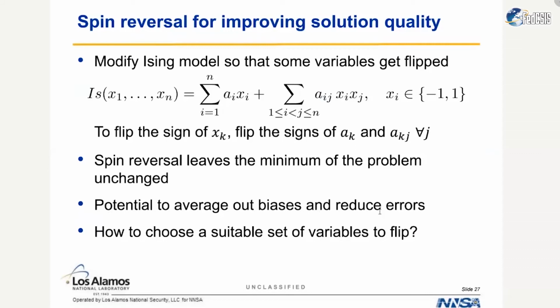So what's the point of doing this? The point is that there are some biases in the hardware, and by changing the problem into equivalent ones, they're equivalent in the mathematical sense, but in the hardware sense they're not equivalent, and some of them might perform better than others.